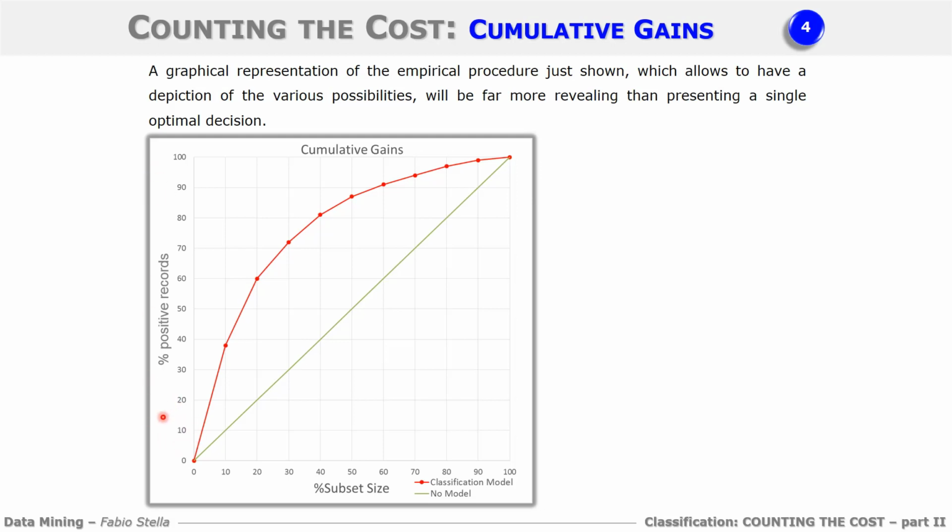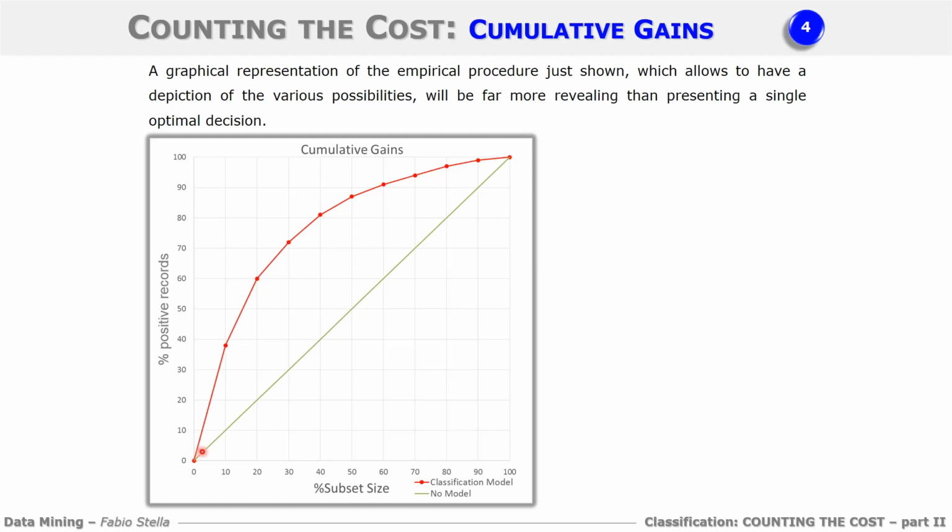Then 10% of 200 will be 20, 20% will be equal to 40, and so on. So to conclude, the y-axis represents the percentage of positive records computed on the overall set of positive records. The cumulative gains diagram is associated with different lines.